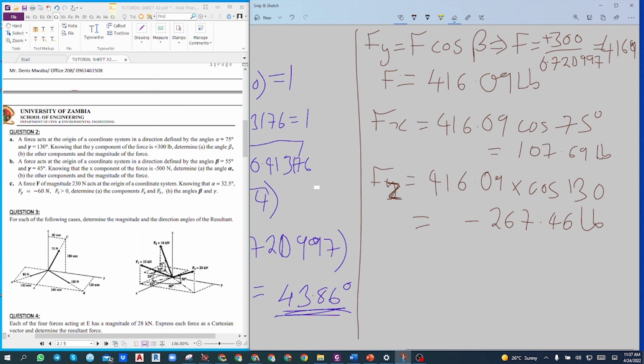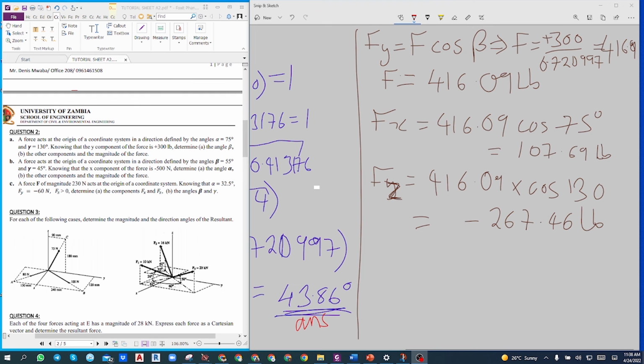So just to recap, we used an identity to find beta, which is our answer here. Then we used the same identity to find F. Since we had Fy, we used Fy is equal to F cos beta.